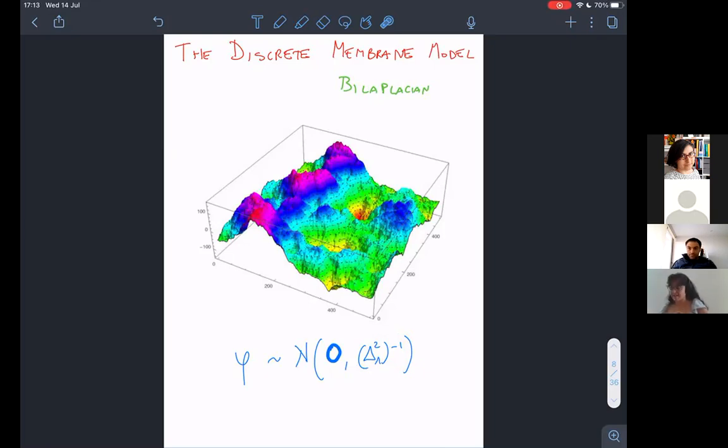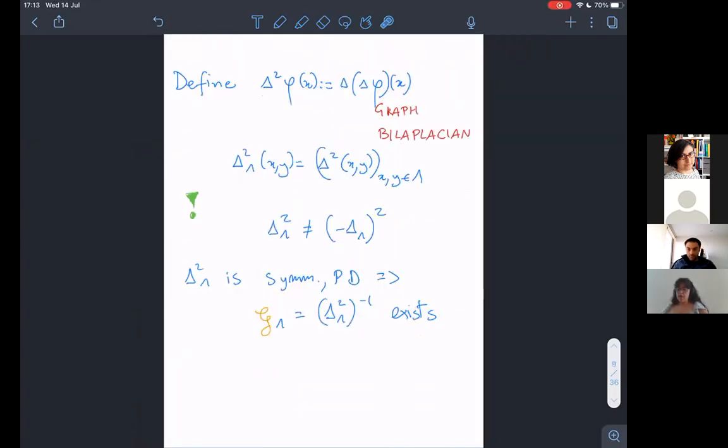What is it exactly? In general, as you define the graph Laplacian, you can define the graph bi-Laplacian. The graph bi-Laplacian is just the iteration of the Laplacian on itself. So this is a matrix indexed over Z^d times Z^d. And again, it's easy to say, okay, I can just restrict my entries to being inside of lambda.